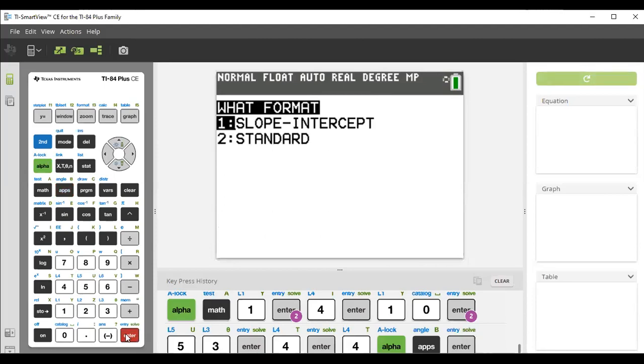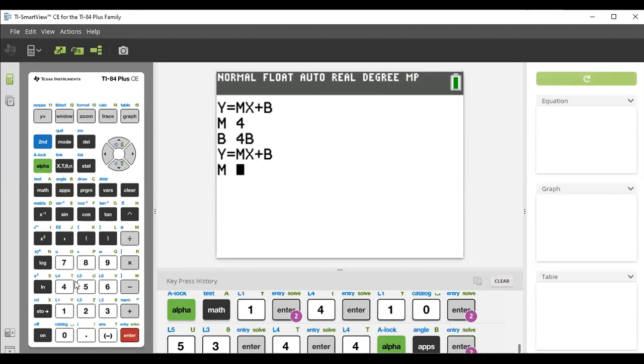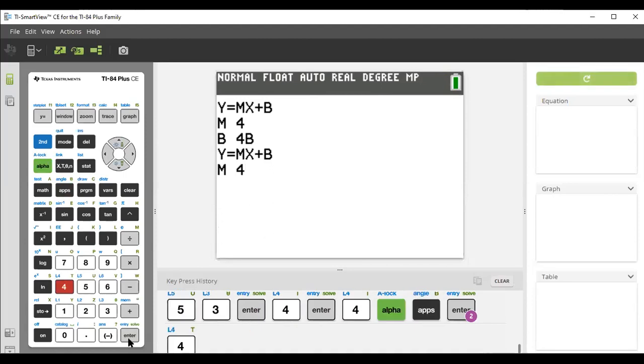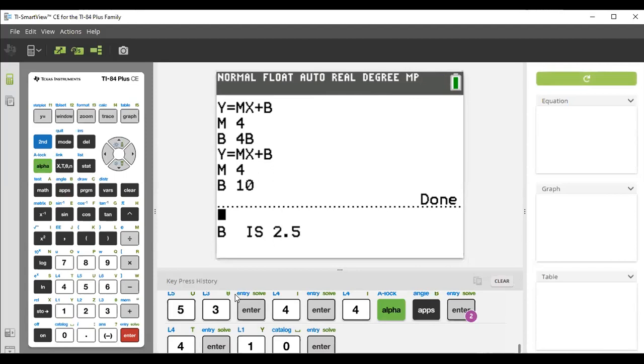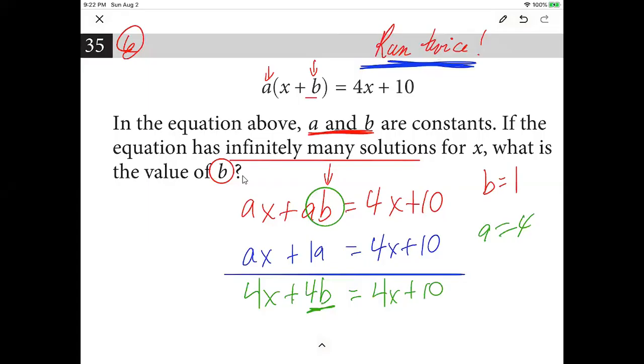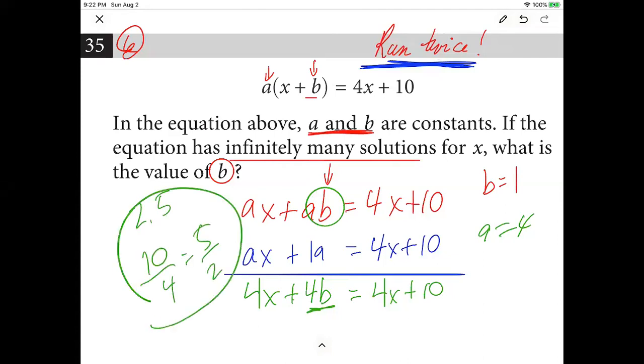And then the second half of the equation is 4, as it was before. And the y-intercept is 10. When you press that, it tells you that b is 2.5. That is what we were trying to find. That is what we expected. We're all good. You would grid in 2.5, or you could put in 10 over 4, or you could put 5 over 2. Any of those would work, and you're done.